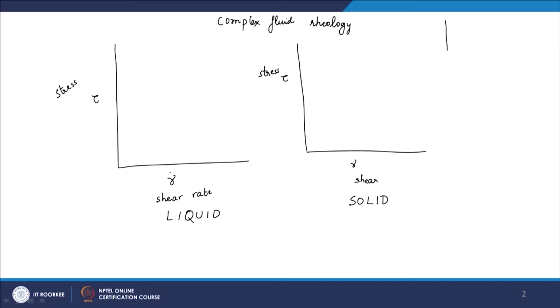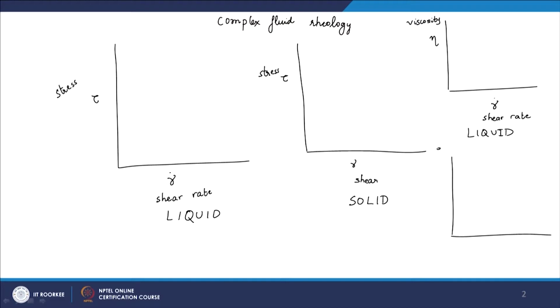If I am interested in a liquid, we typically talk about a viscosity as a function of shear rate, and if I am interested in a solid, I talk about some sort of an elastic modulus as a function of the applied shear.